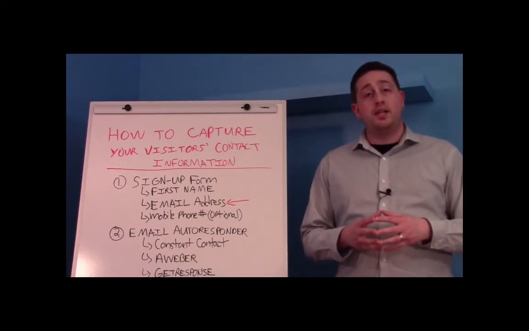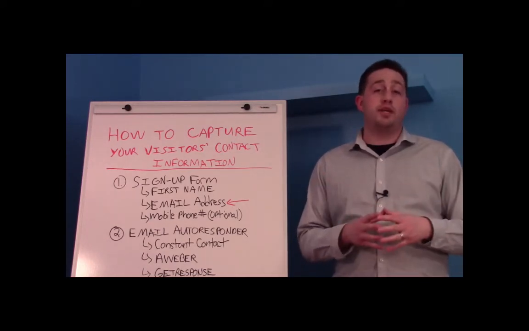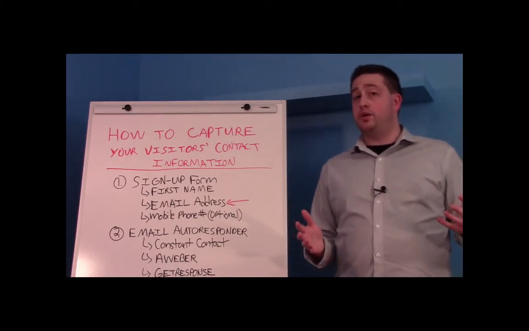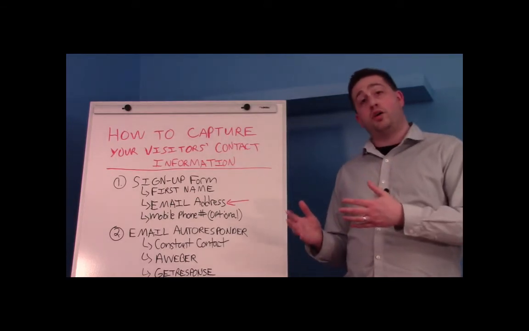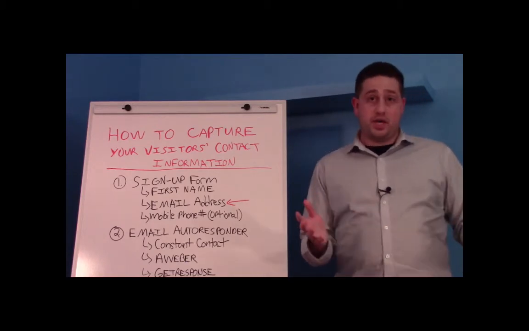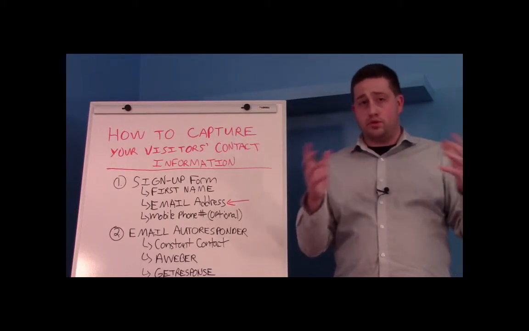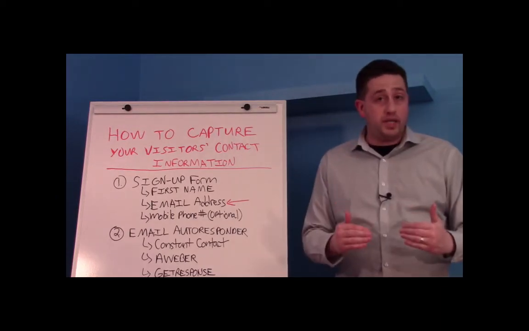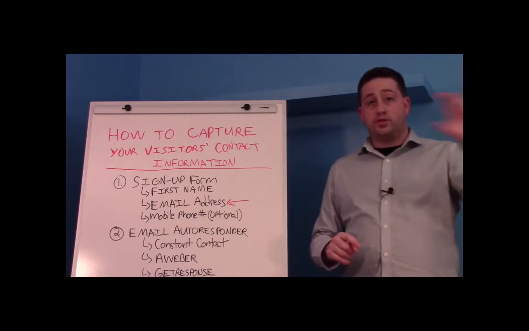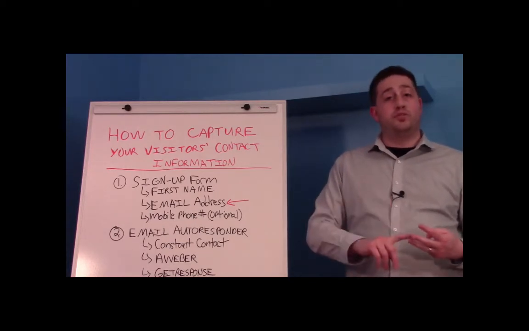Now, in order to accomplish this, there are a couple of components that you need to have in place. The first component is a sign-up form. You're probably already familiar with it, because in some of the previous videos where we showed examples of online lead capture pages, you probably noticed these short box forms, generally located right below the video or to the right of the video, with several spaces where visitors can enter their first name, email address, or mobile phone number.